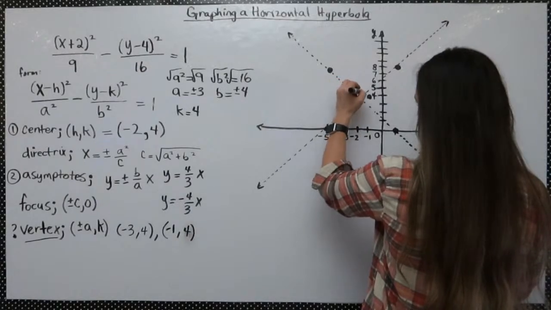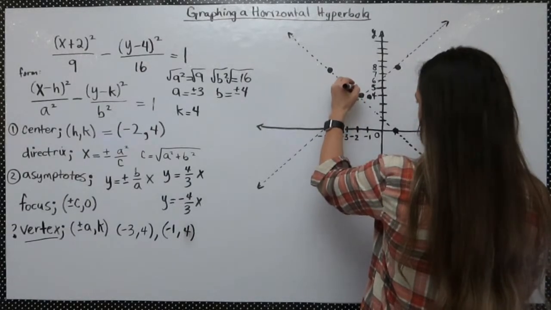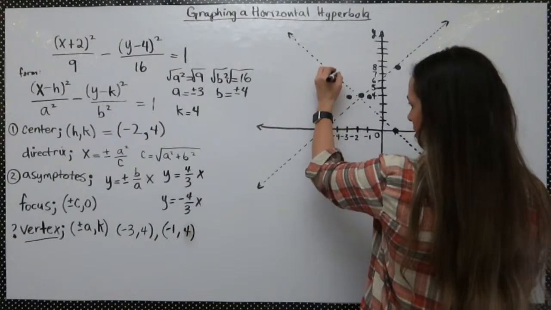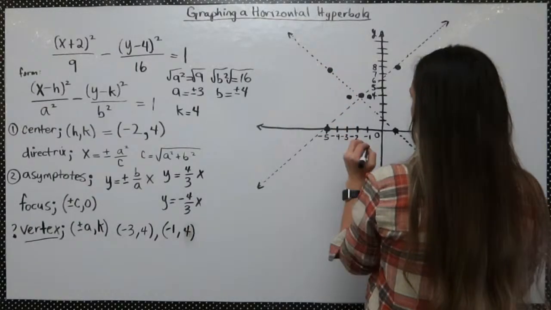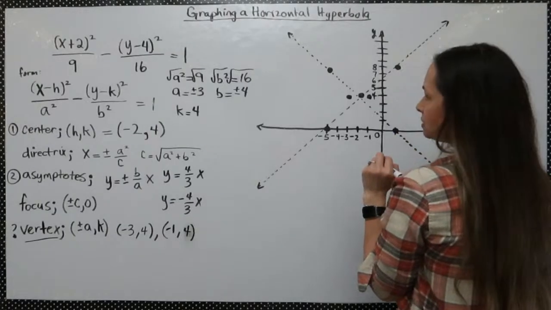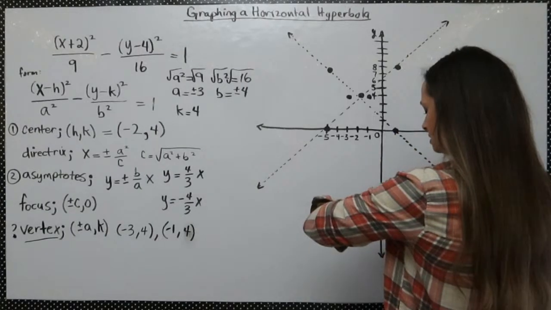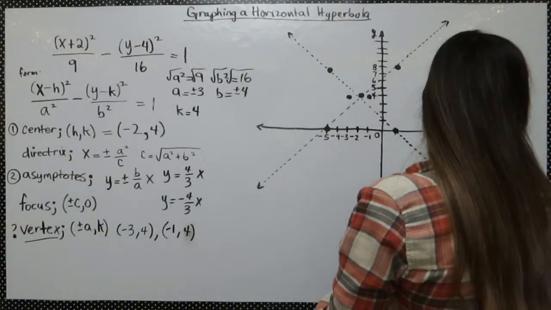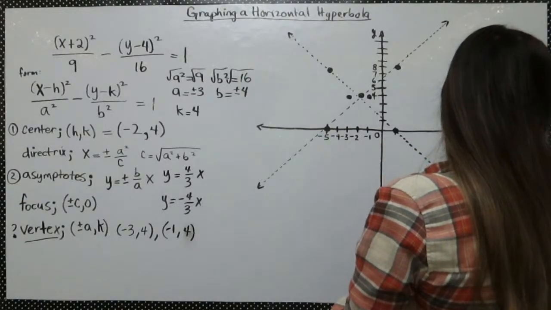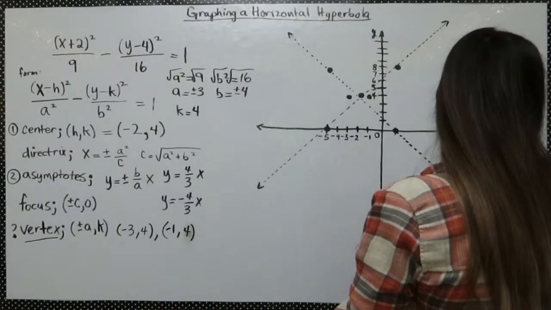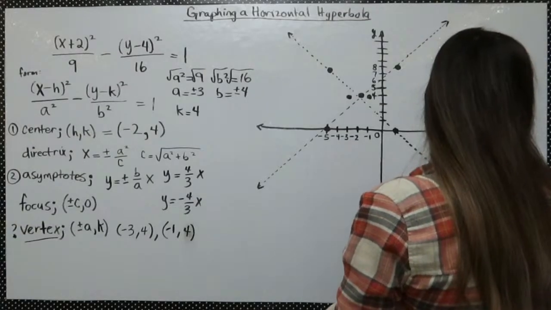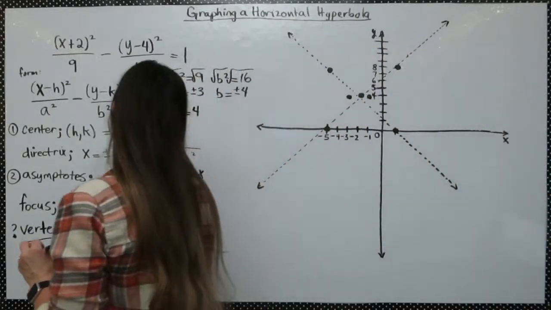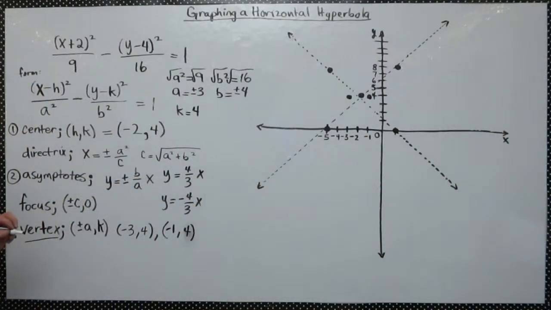And then your directrix would be a value in between here. And then here's your vertices and your focus. So what I want to do is, see, I've already been working on this for 30 minutes. The directrix and the focus, we'll go ahead and calculate real quick.